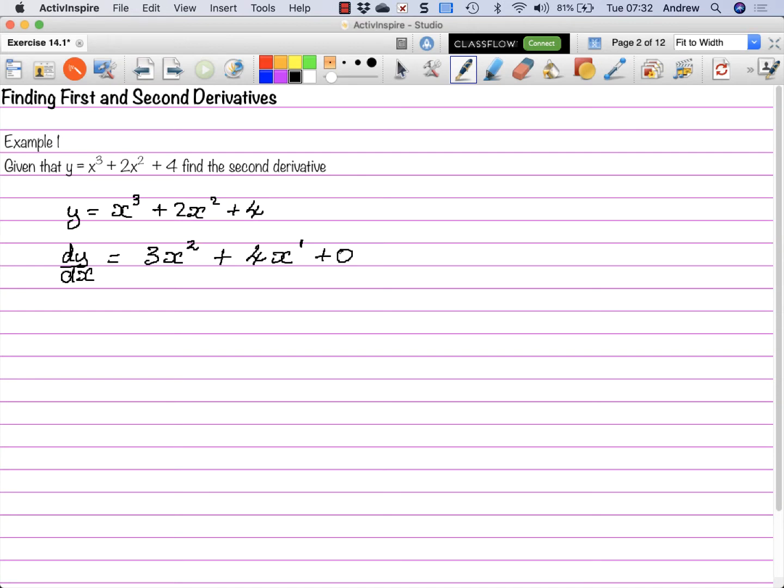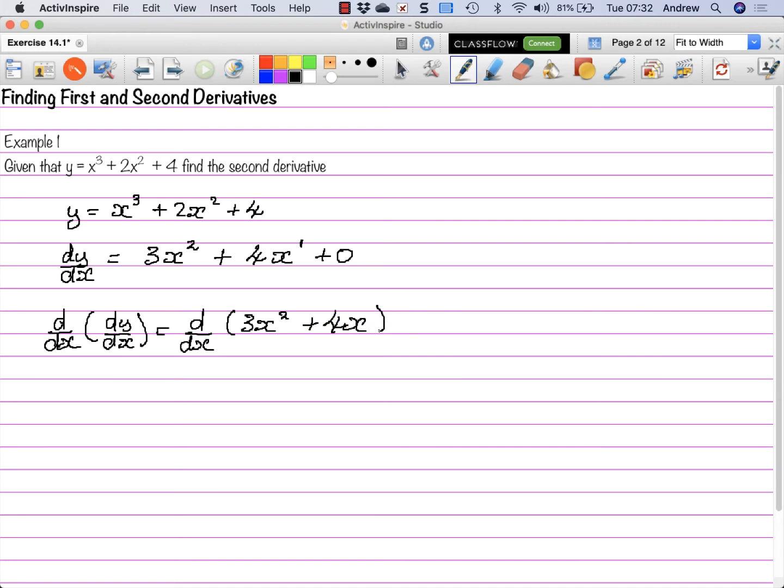So what we're going to do now is differentiate the left-hand side with respect to x. And whatever we do to the left-hand side, we always do notationally to the right-hand side.